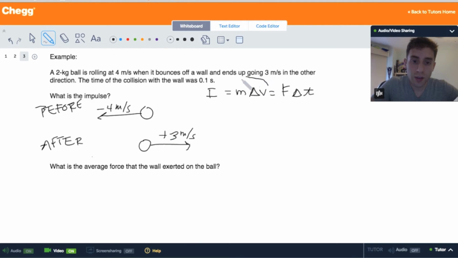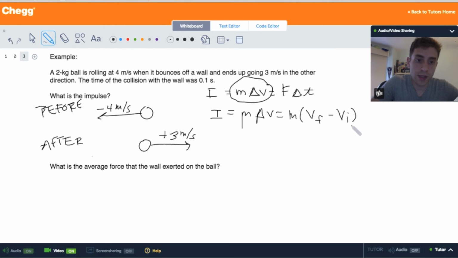So we're going to use this equation here to find the impulse. So the impulse is equal to mass times the change in velocity, which is equal to mass times final velocity minus initial velocity.